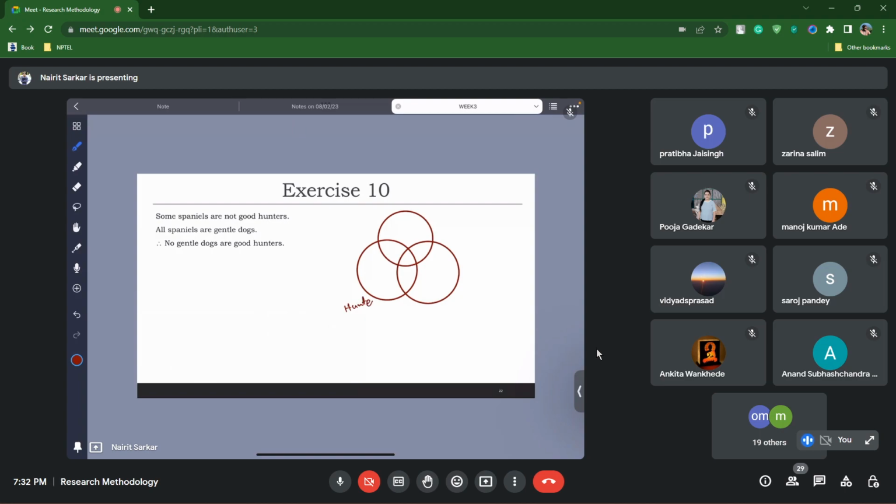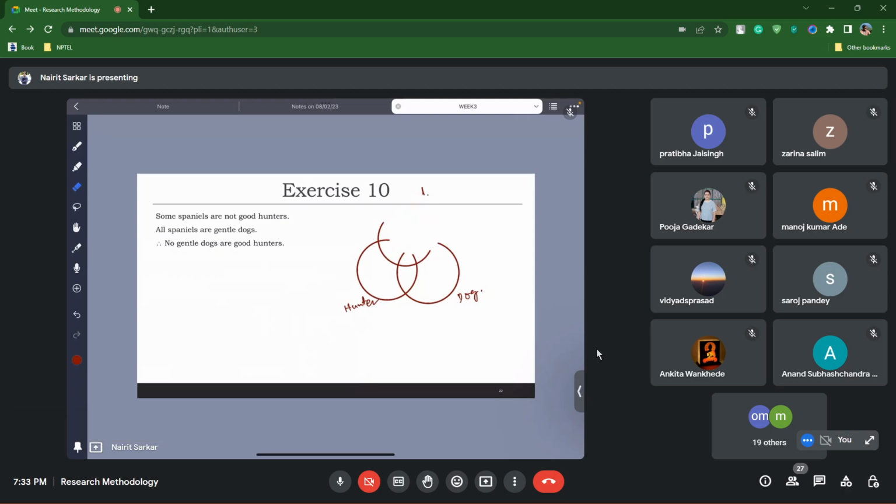Let's write here hunter, then dog, and spaniel. What are spaniels? Anyone? Spaniels. Oh, a breed of dog. Nice. So some spaniels are not good hunters. Where should I put X?